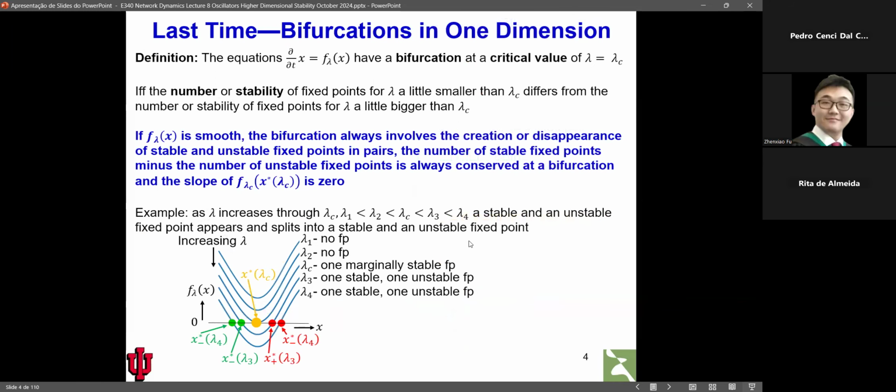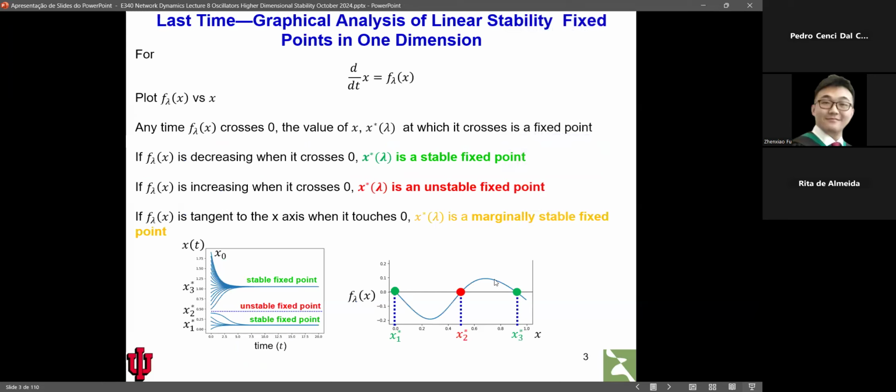Now, if you have a bifurcation, it means that you change the values of lambda, and by changing the values of lambda, you change the roots. And when you change the behavior of the roots, if it's increasing, decreasing, or whatever, then you are going to change the stability of the fixed point for that given value of lambda.